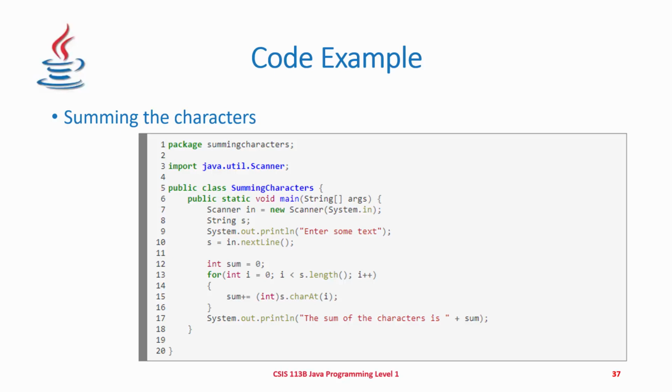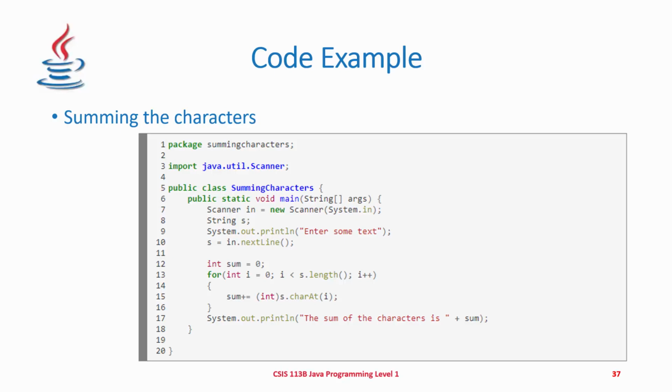The only statement we have in the loop is our sum variable being incremented by the value of the char that we are currently reading from the string. So notice what we're using here is a cast so that we can get the actual numeric value of that character. The string, remember, is the set of characters that the user typed in.